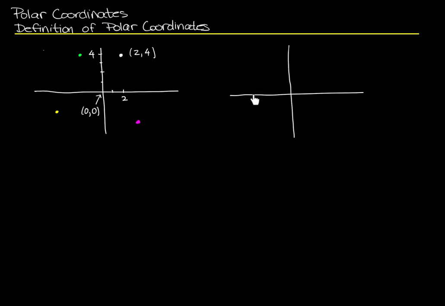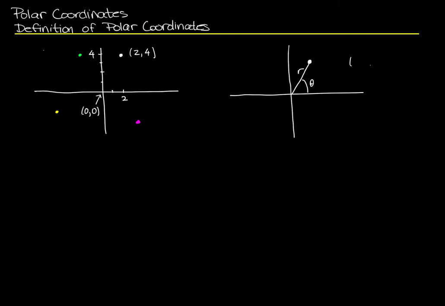Well, that's all the polar coordinate system is. If I want to describe the location of this point in that system, then I need to know how long that line segment is and how big that angle is.